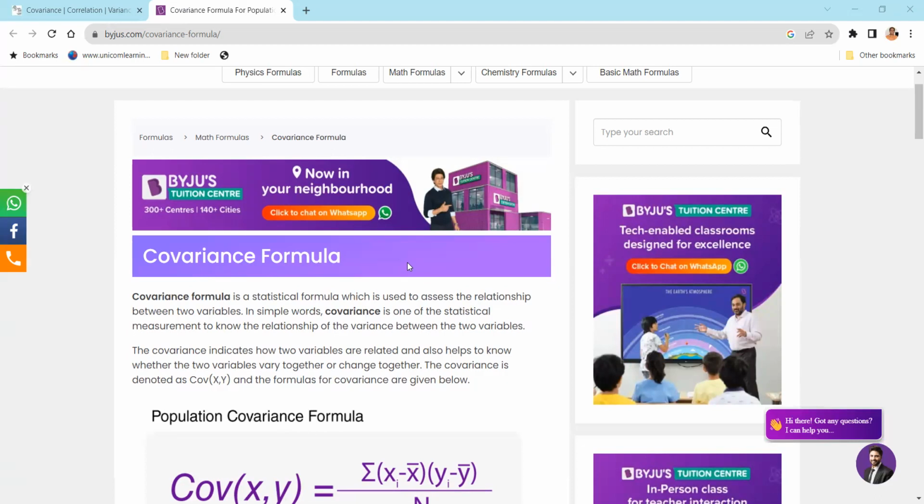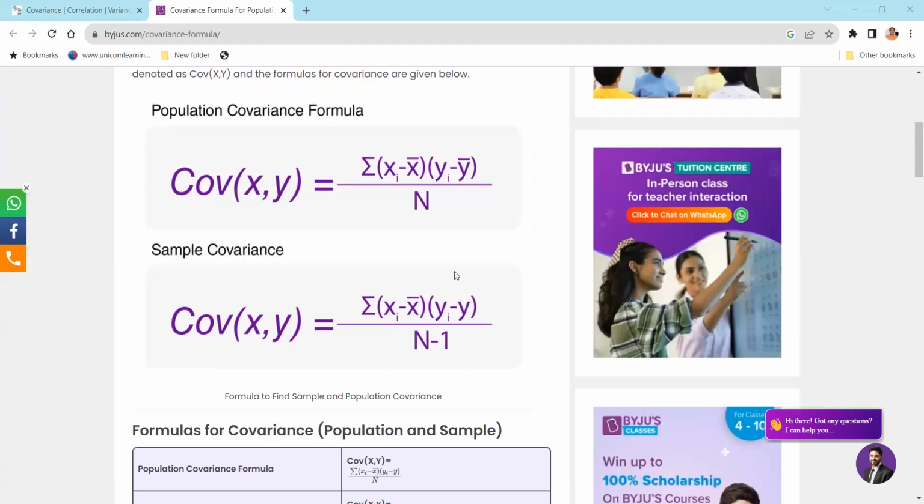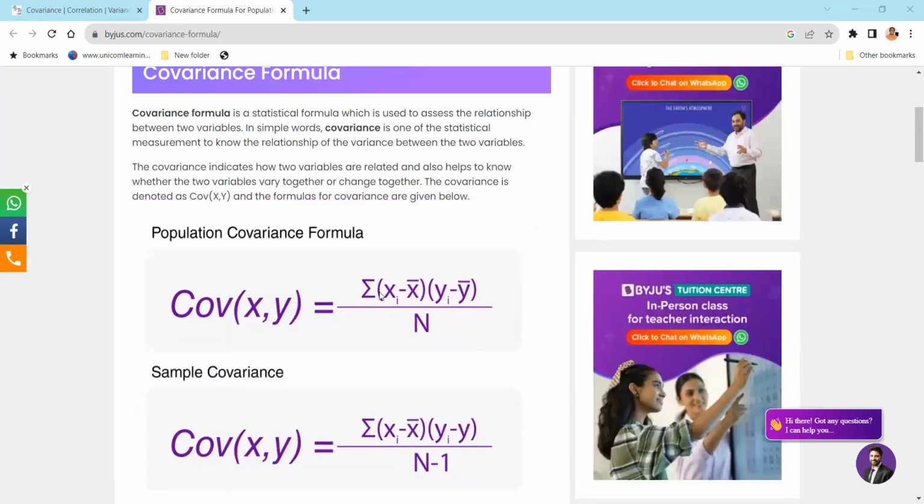Here, instead of square, you are multiplying with y. So this is called your covariance, and the division is the same.